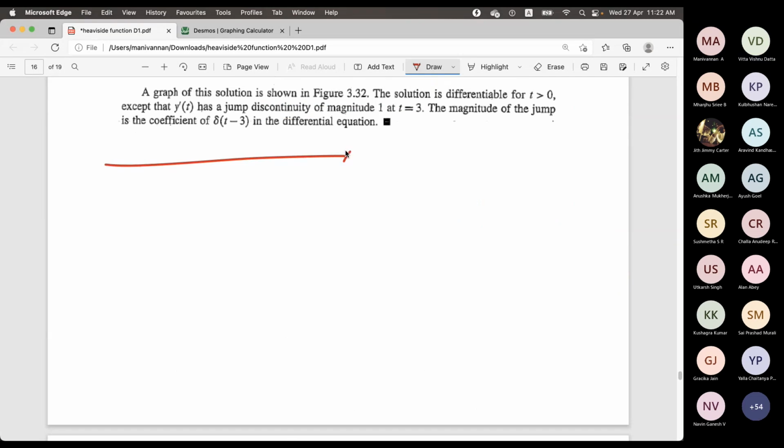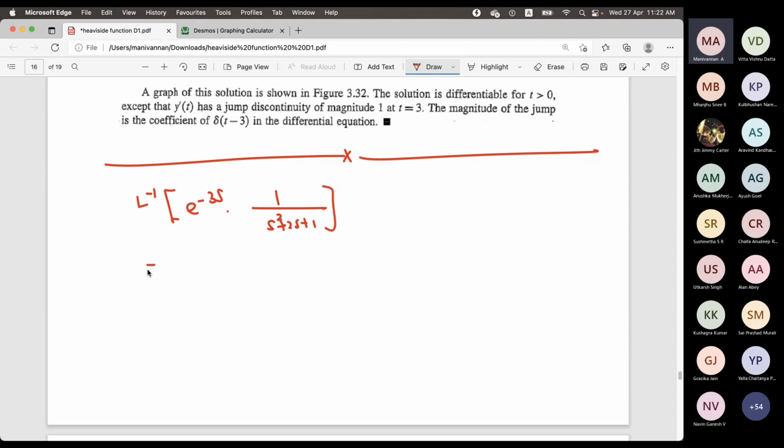What we have is 1 divided by s square plus 2s plus 2. This can be written as L inverse of e raised to the power minus 3s times that. You may apply the partial fractions technique, but without applying it we can simply solve this.